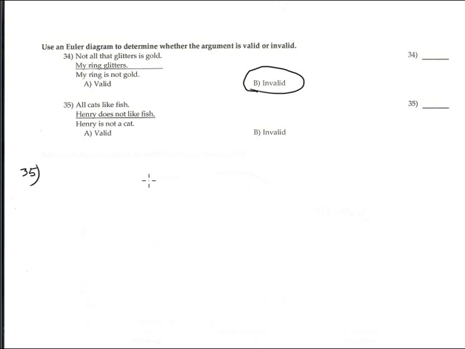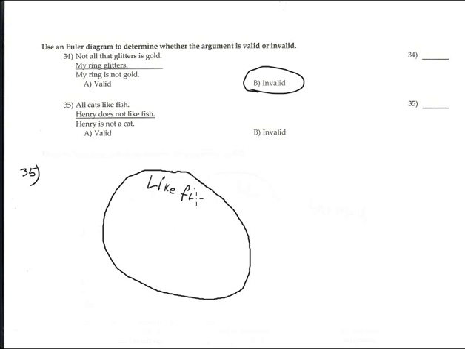Okay, and 35, using Euler diagram again: all cats live fish. Obviously we have one big set that represents live fish. And inside, of course, we have cat as part of this set. Now, this is the first premise.